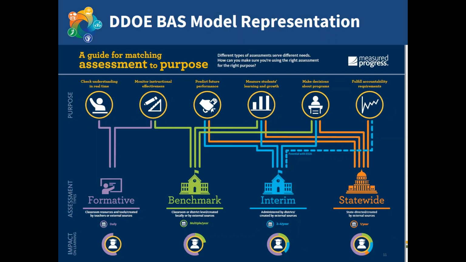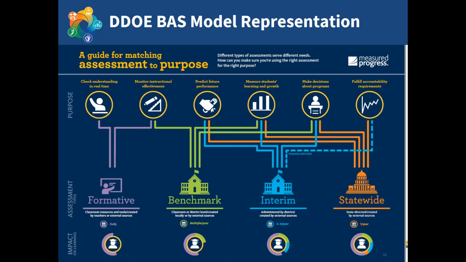So this graphic shows the balanced assessment system for the state of Delaware. Notice that each assessment type is color-coded for clarity and to show how each is integrated. At the top you have the formative assessment process happening in a classroom, and it's daily, and it has the most impact on the student.